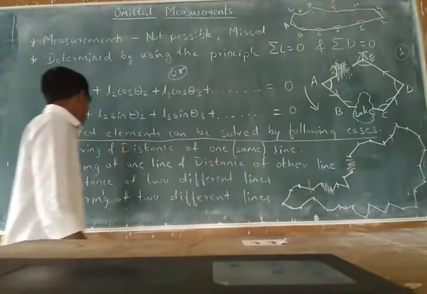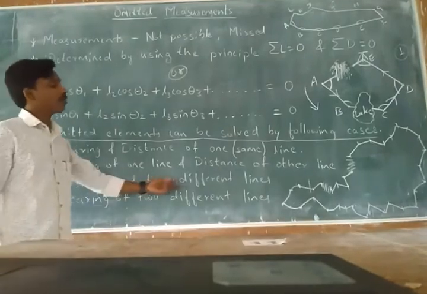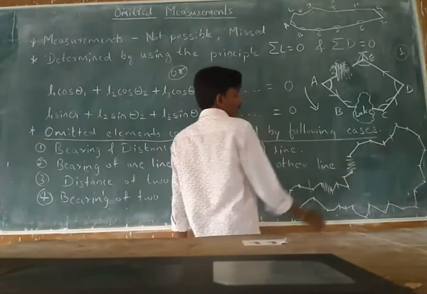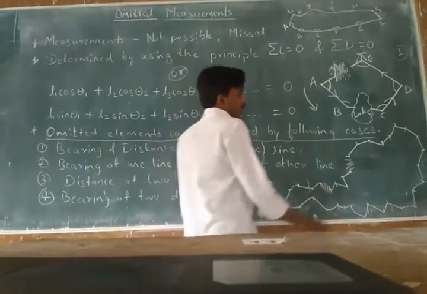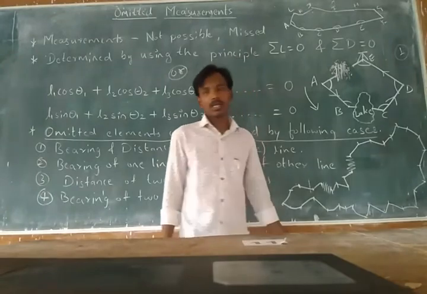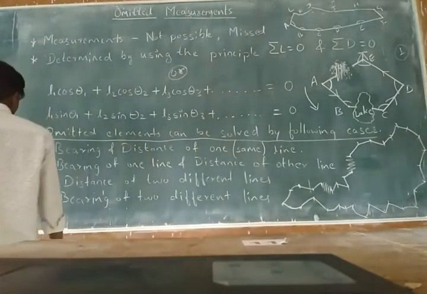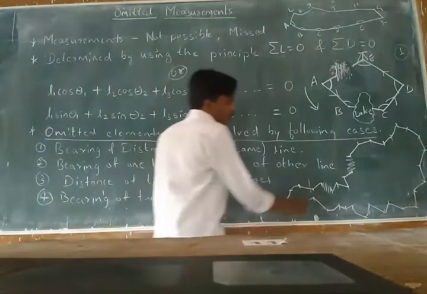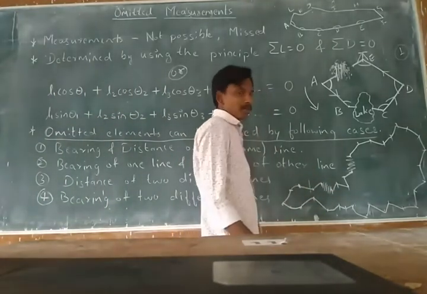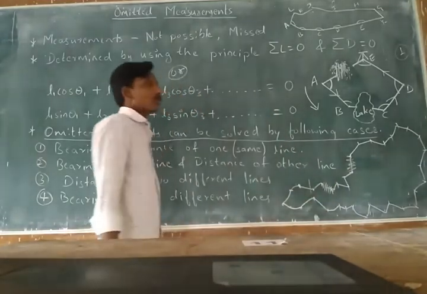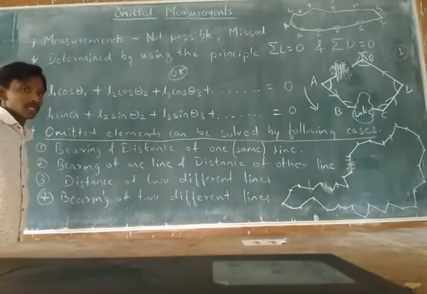This criteria is the distance of two different lines. You know the bearings but you don't know the distances. And the fourth criteria is bearing of two different lines. Here you don't know the bearing of this line and this line, then also you can determine the omitted measurement.